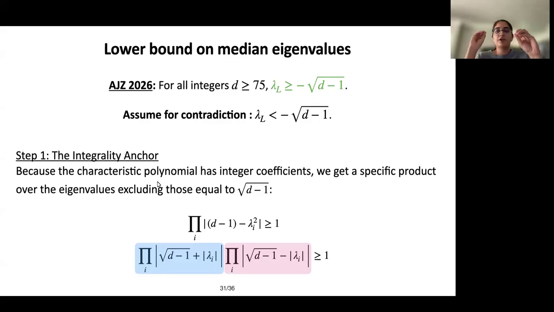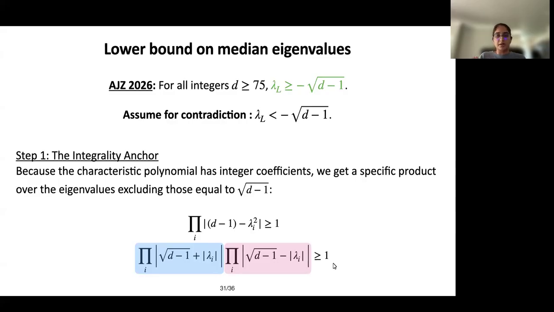Specifically, if we only choose the eigenvalues which are not equal to √(d−1), then I can say that this product is greater than or equal to 1. Moving forward, I'm going to split this product into two parts. In one of the factors I only care about the plus terms, and here I'm going to care about the minus terms. And we get that this is greater than or equal to 1.